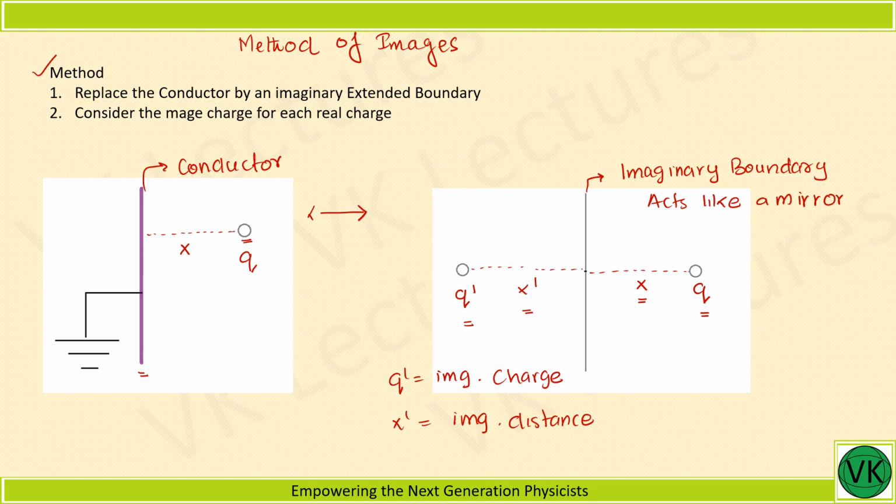Once again, the method is replacing the conductor by an imaginary extended boundary and considering an image charge for each real charge. However many real charges there are, there should be an equal number of image charges, placed at an equal distance as that of the real charge.